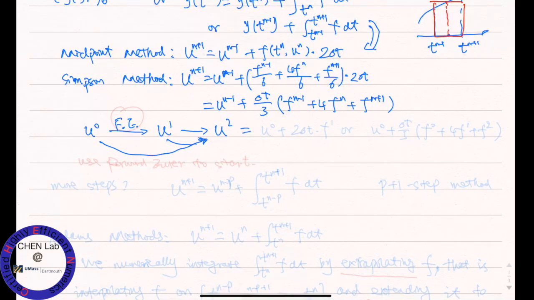So u2 is u0 plus 2 delta t times f1, or u0 plus delta t over 3 times f0 plus 4f1 plus f2, right? Again, for that case, you need to solve for u2. It's implicit.